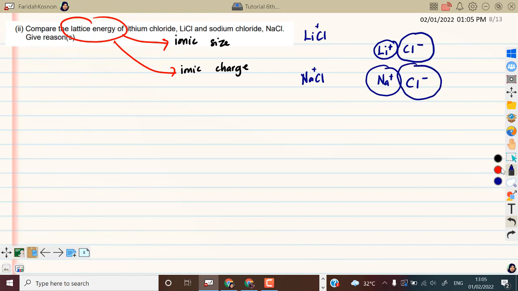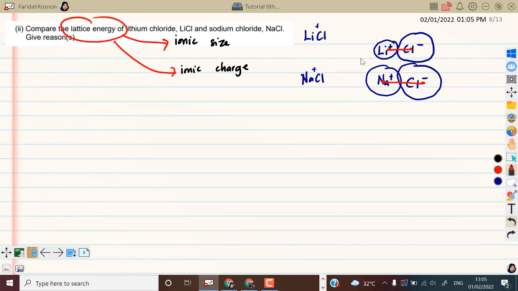Jadi bila ion-ion ini berdekatan antara satu sama lain, wujudnya electrostatic force attraction antara lithium ion and chloride ion, antara sodium ion and chloride ion. Okey. Jadi kalau you lihat di sini, chloride ion dalam soalan ini dia tidak mempengaruhi apa-apa. Maksudnya attraction masih lagi antara cation dengan chloride ion.